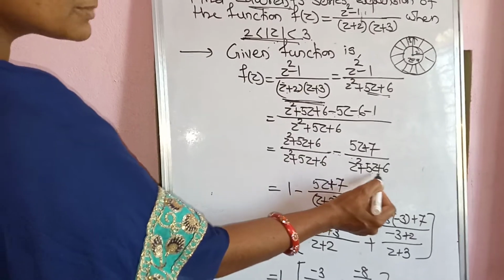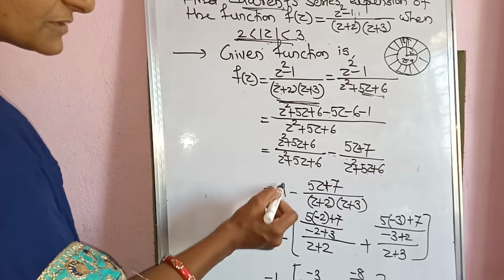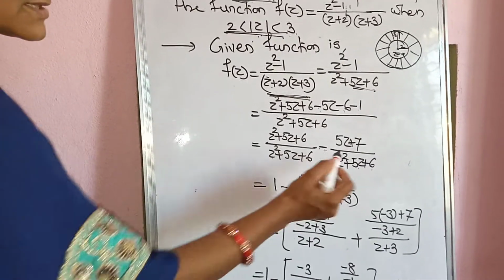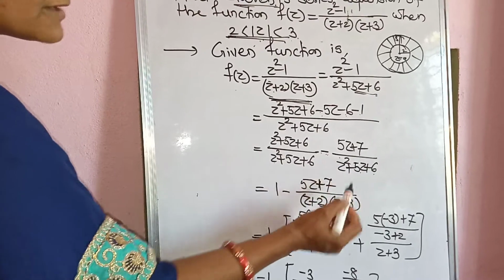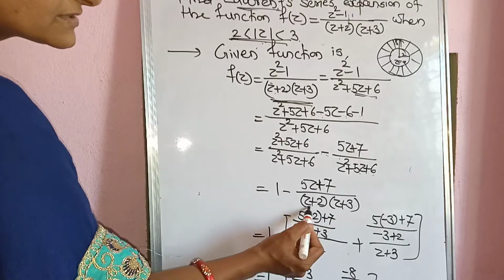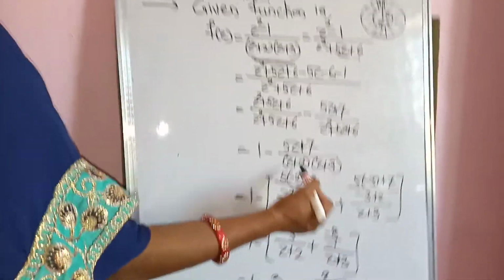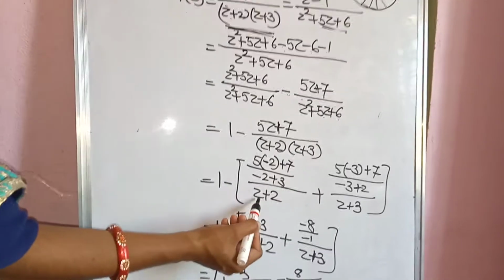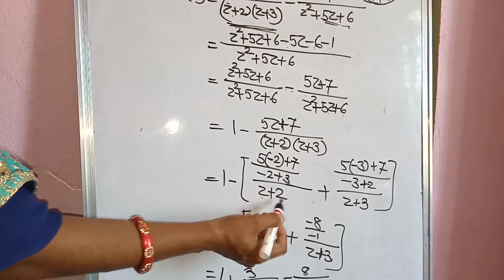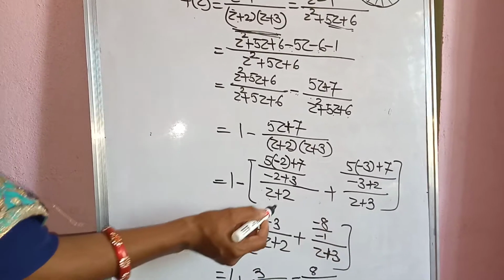Same term divided by same term gives 1, so it is 1 minus (5z plus 7) by (z square plus 5z plus 6). I have written this again in terms of (z plus 2)(z plus 3). Now these are linear factors, and I will separate the denominators.